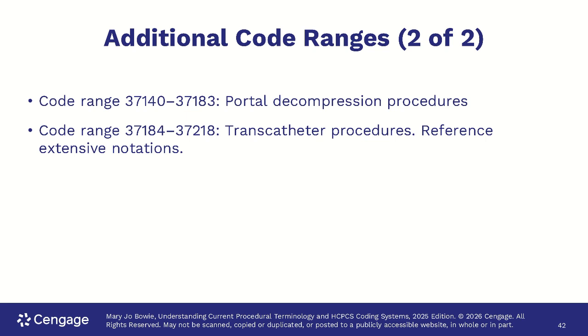Also, we have procedures for portal decompression, codes 37140 to 37183. You'll see things like venous anastomosis, insertion of shunts, revision of shunts. And these are all completed to manage venous pressures.